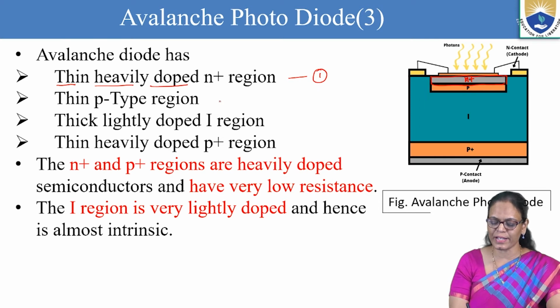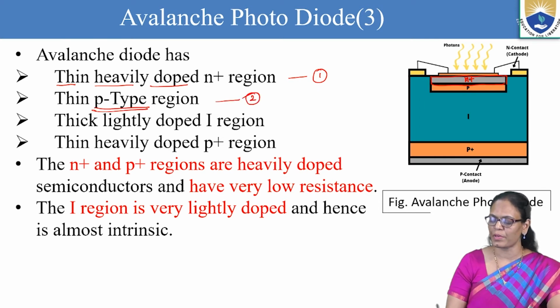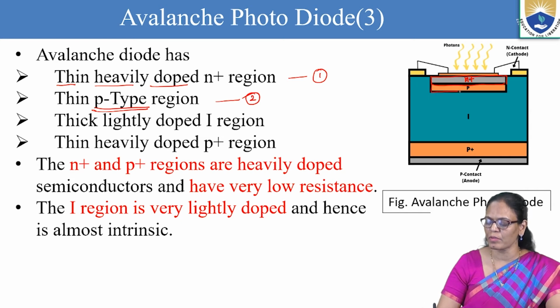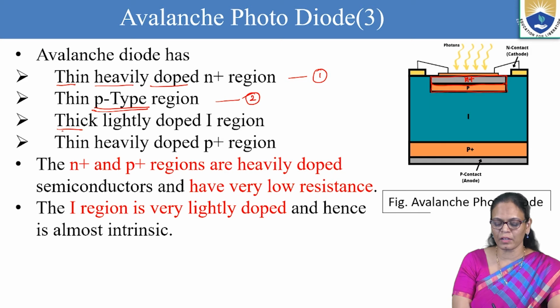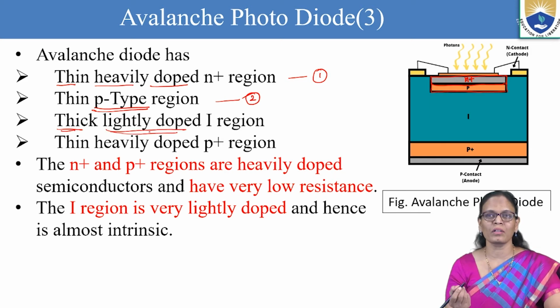Then the second region we have is the p-type. If you see in the figure here, this peach color area is the p region. This is N plus, and then you have the p region. The P region is also very thin. Then we have the thick and lightly doped region, lightly doped or pure, we say.